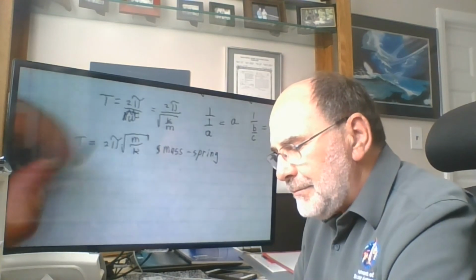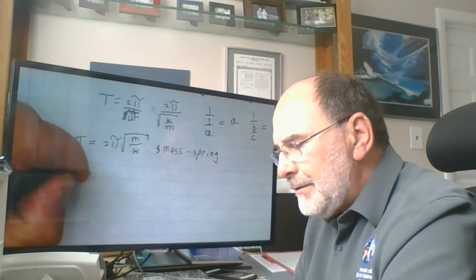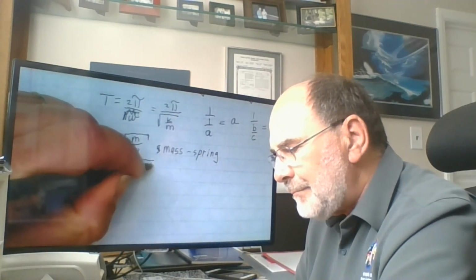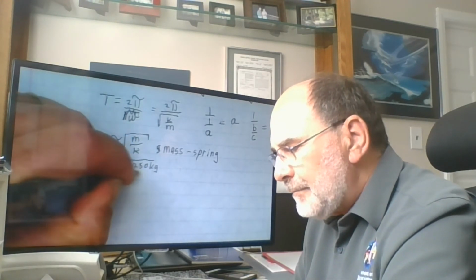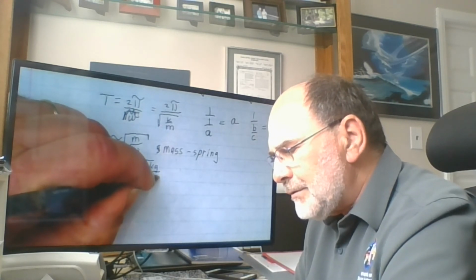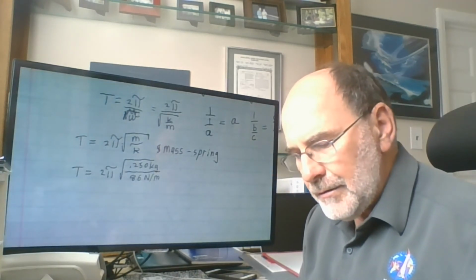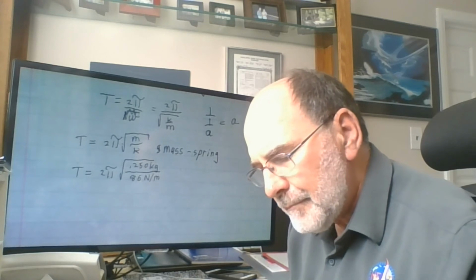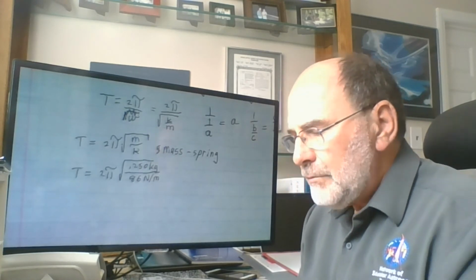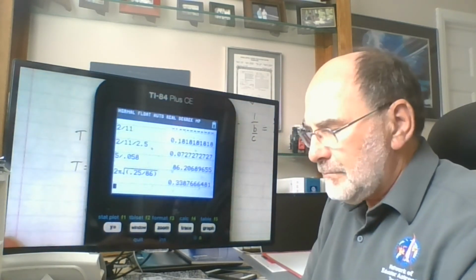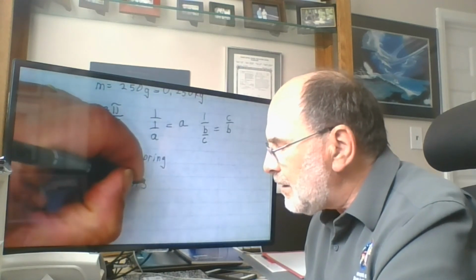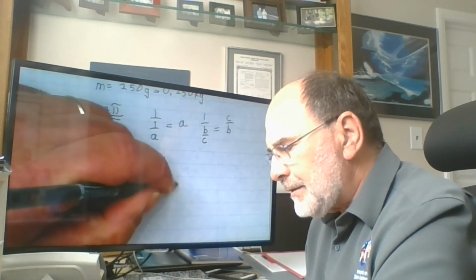Okay, so back in this example, the period for a 0.250 kilogram mass that has an 86 newton per meter spring constant should be, wow, I have a period of 0.34 seconds.